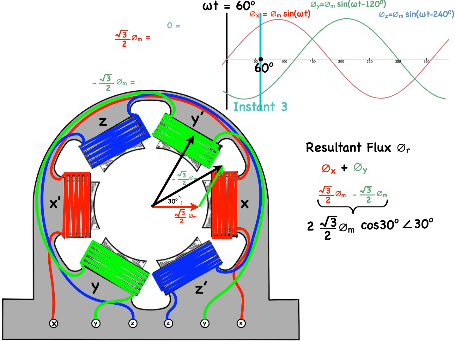So our equation now gives us the resultant flux phasor phi r equal to 1.5 phi m at 30 degrees. As you can see, it is the same magnitude as our previous results, but again, it is shifted another 30 degrees.